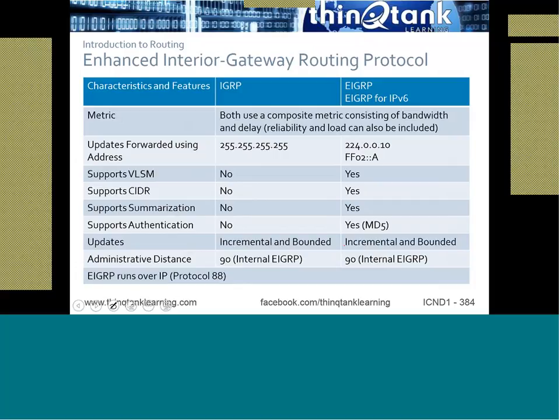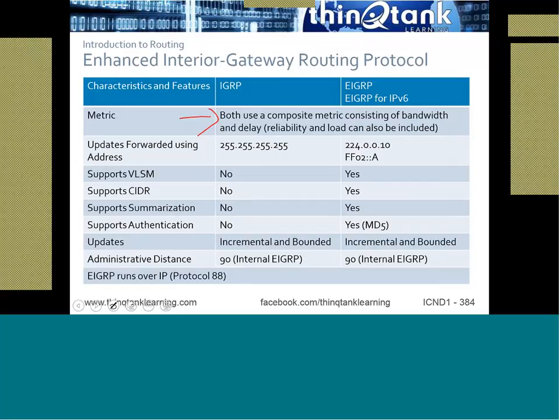EIGRP. As we saw, IGRP, EIGRP, those are the before and the after. Both protocols actually had a pretty good metric. We use a composite metric, which consists of different variables, but the primary components are bandwidth and delay.